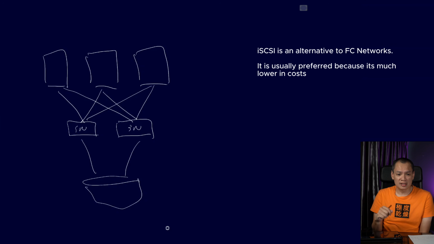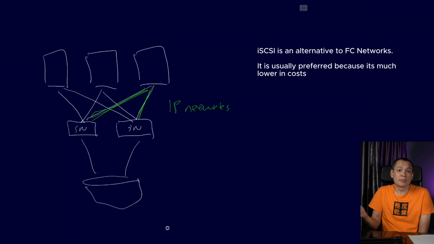Now I want to introduce you very briefly to something that is more recent, called iSCSI. Essentially, iSCSI is exactly the same as fiber channel networks. The only difference is that instead of having these links being fiber channel, iSCSI uses traditional IP networks. The reason is simple: cost. When we first started, the performance wasn't all that great because networks were much slower. You had 1 gigabit per second.